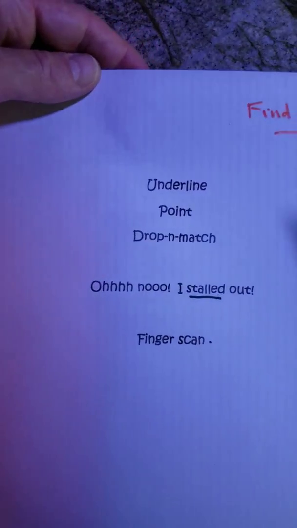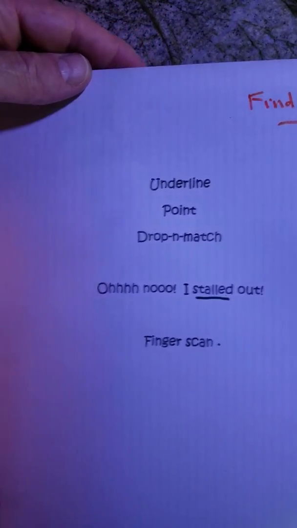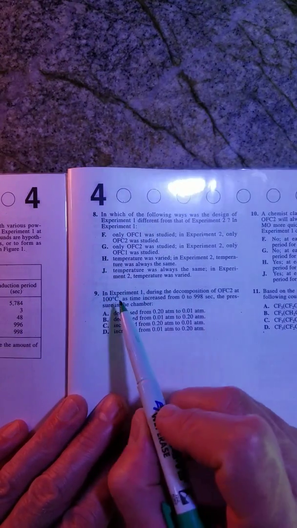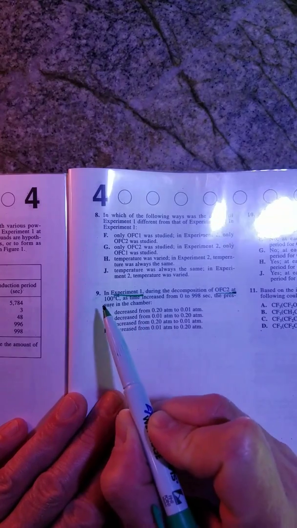So step number 1, first thing that we want to do is go ahead and underline. Problem number 9, I would underline in experiment 1, that's the location. It says during the decomposition of OFC2, I underline that. At 100 degrees Celsius, I underline that.